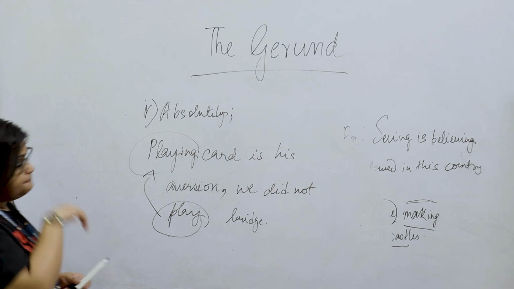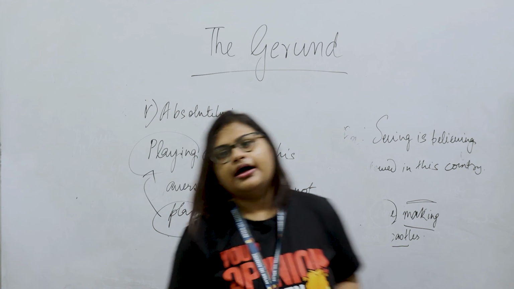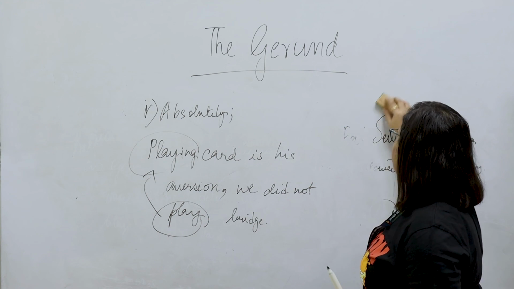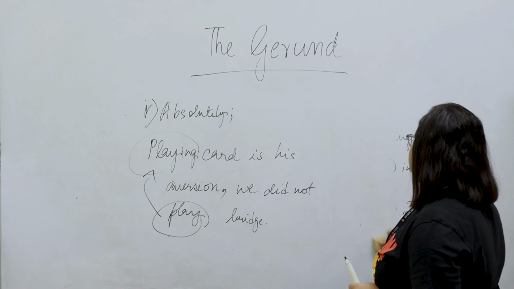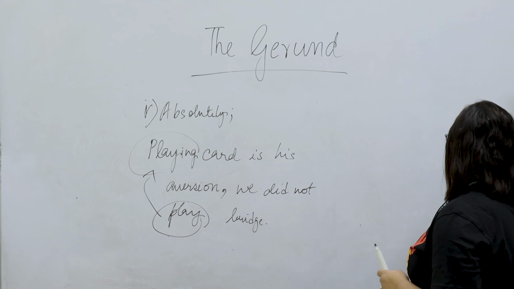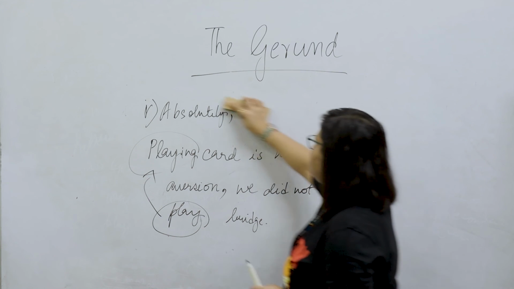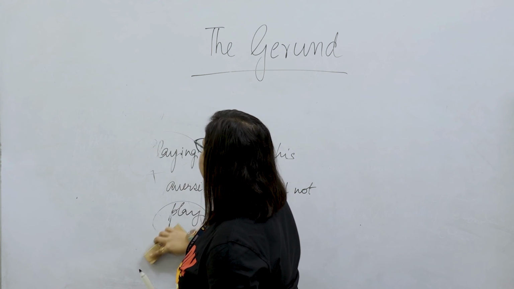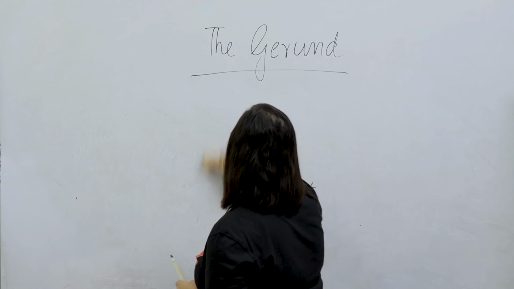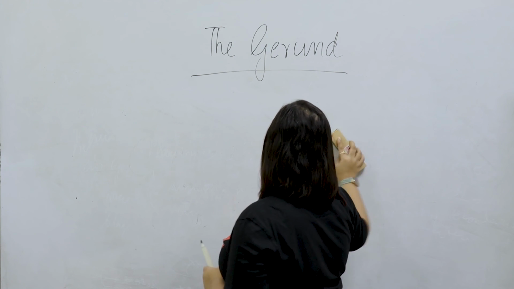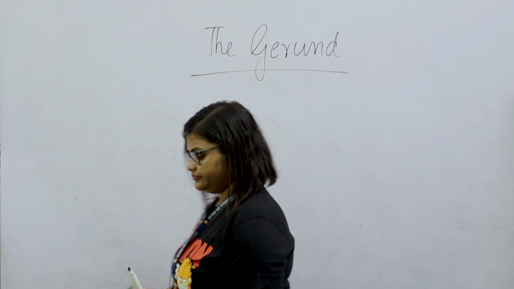Now we'll give you a few examples where you can try working out which of them are gerunds, which of them are participles, and at the same time you can try deciding which are the nouns, verbs, or the prepositions for which the gerunds are acting.